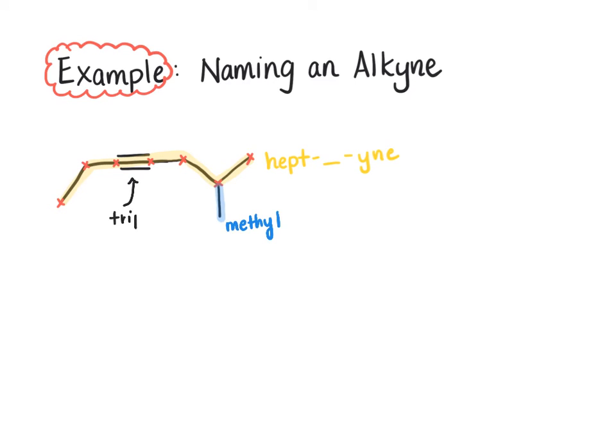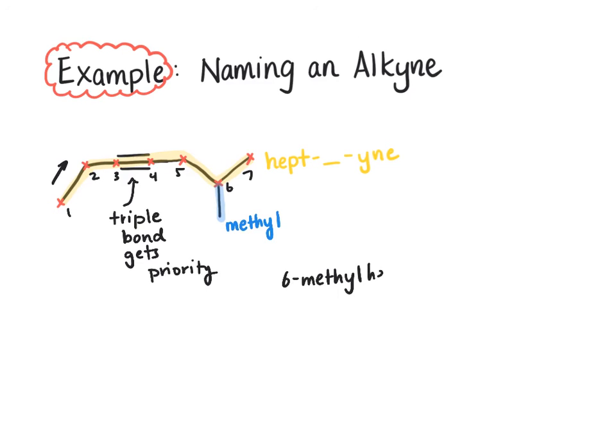Triple and double bonds get priority over groups, over branches. So we're going to number to give that triple bond the lowest location it can have, which is going to be going from the left side. So we're numbering from the left, 1, 2, 3, 4, 5, 6, 7. And we will get 6-methylhept-3-yne.